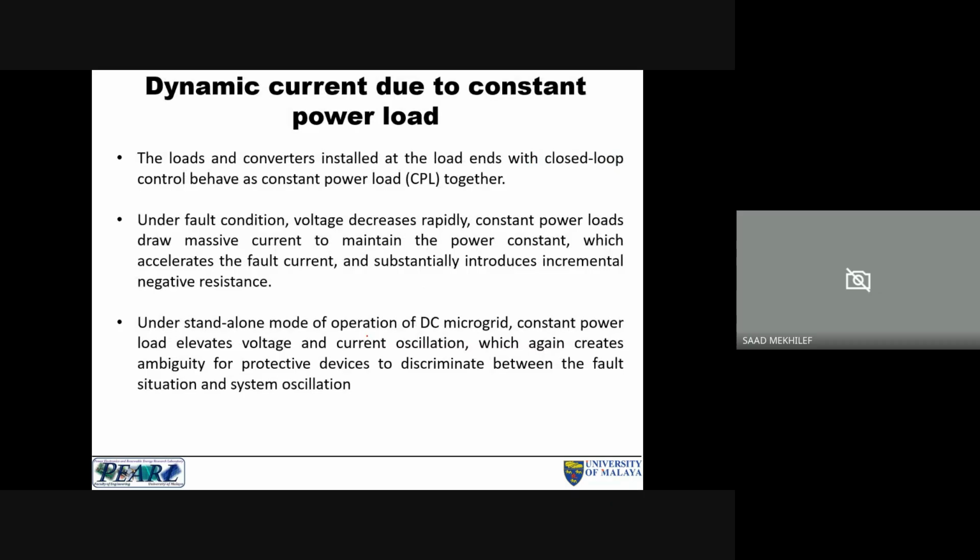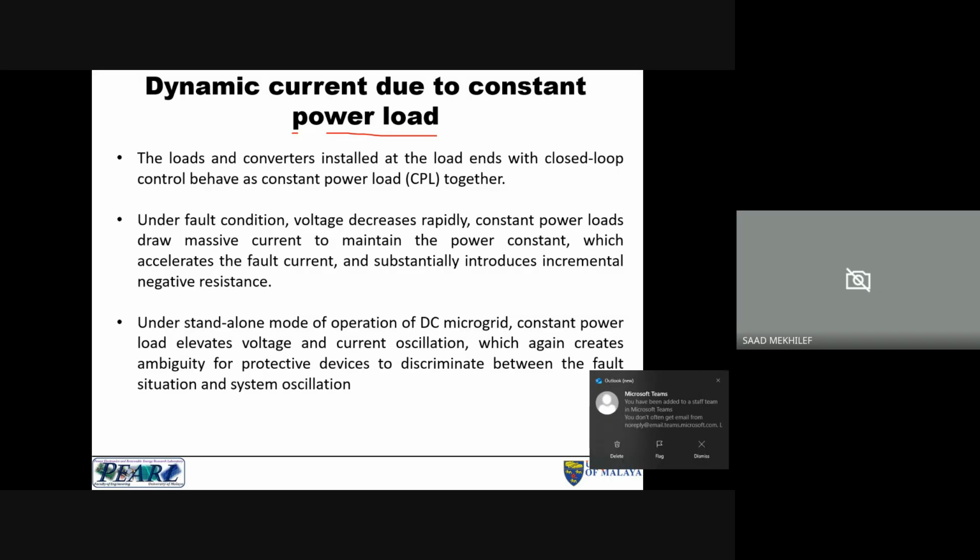Okay. So in terms of the dynamic current due to constant power load, the loads and converters installed at the load end with closed loop control behave as a constant power load, or CPL. Under the fault condition, voltage decreases very fast.